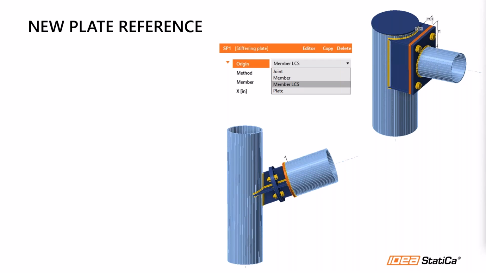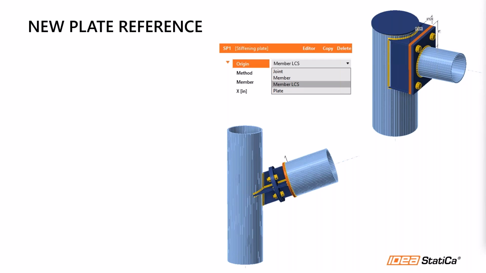Although these are very beneficial options, sometimes for HSS connections, these are not suitable. The reason is that for HSS connections, we are not defining the HSS by plates, but rather by arcs, and when selecting all these different arcs to reference the plates, the locations can be placed at the wrong position.